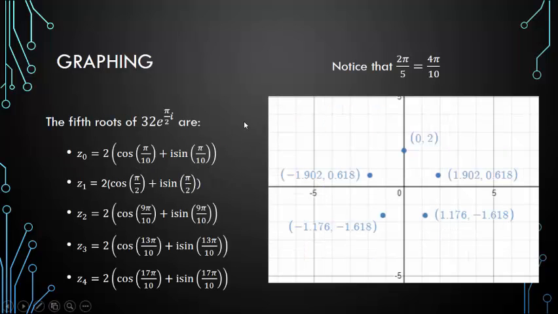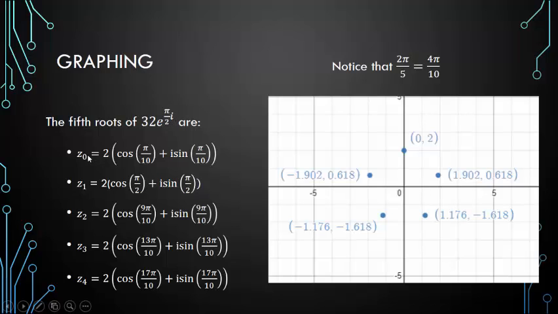So for the fifth roots of, and here you'll notice I've written an exponential form instead of the trig form to begin with, the modulus of this would be 32. So the fifth root of 32, I've plugged in 2. I need to do the work for the very first one. So pi over 2 plus 2 pi k all over 5.